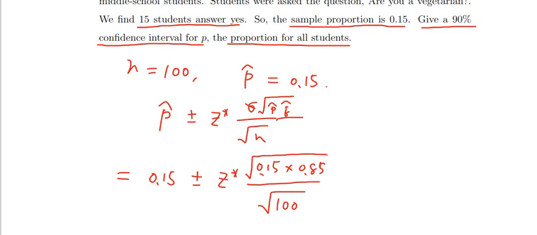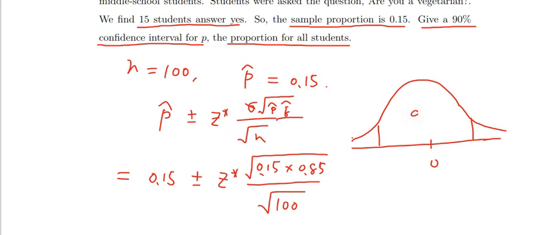So we have everything except this C star. This C star we should check from the table. Let's say C star is like this: from here to here is 90%.